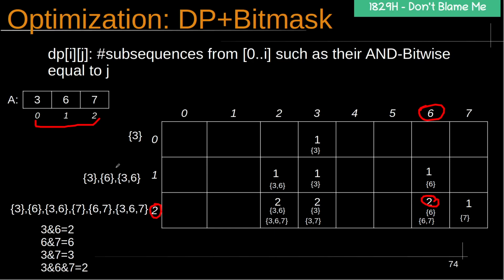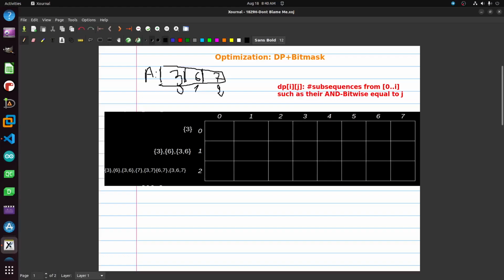Okay. Let's see how all of this will be computed. Don't forget that dp[i][j] is the number of subsequences from 0 to i such that their bitwise AND equals j.